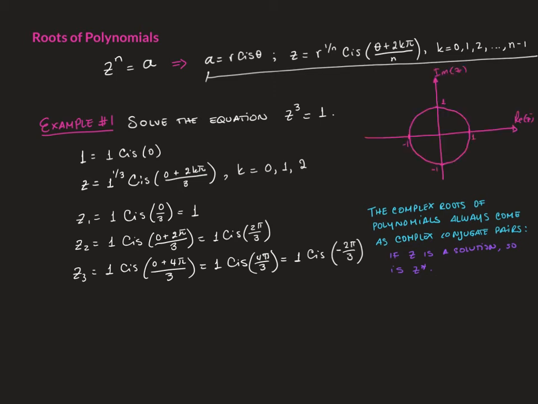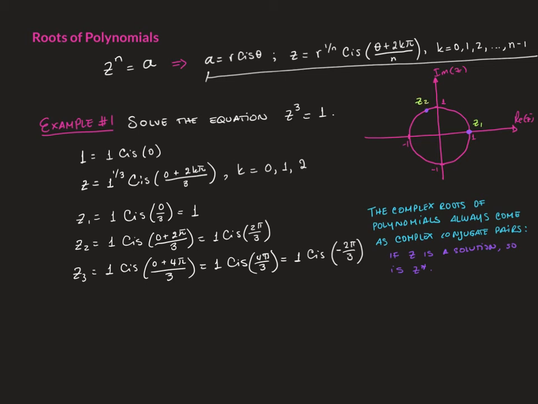If we look at the position of these 3 solutions of the equation in the complex plane, then we're going to notice something special about them. The first solution is 1, and that is located on the real axis. Then the second solution is cis of 2 pi by 3. 2 pi by 3 is 120 degrees, so it should be somewhere around here.